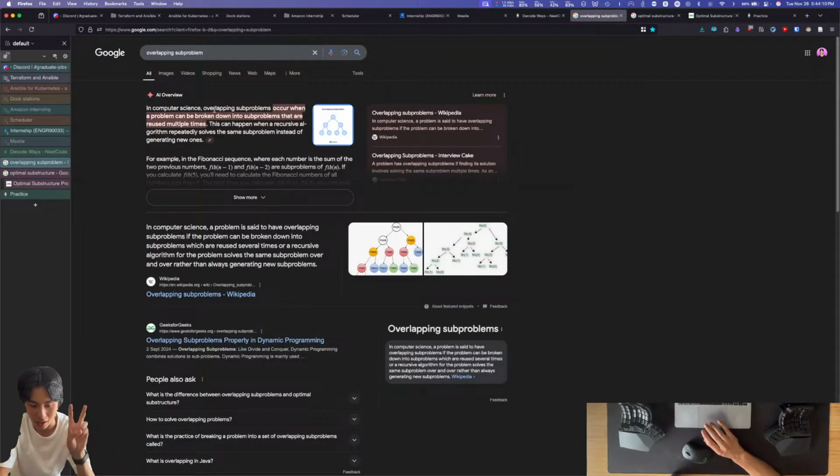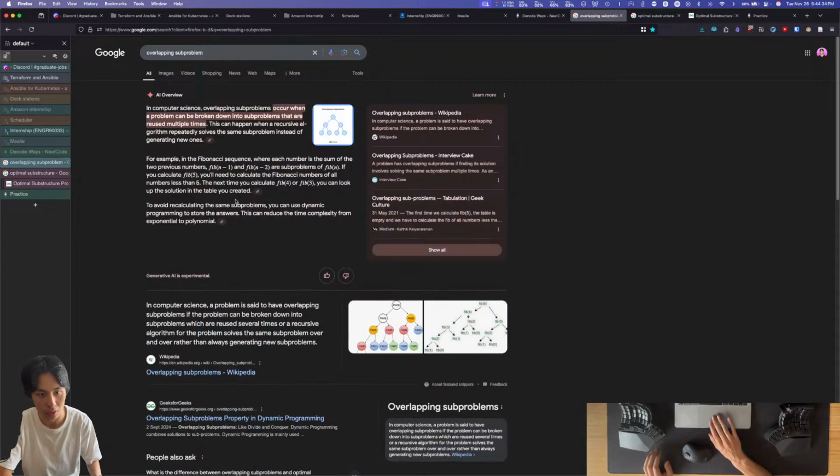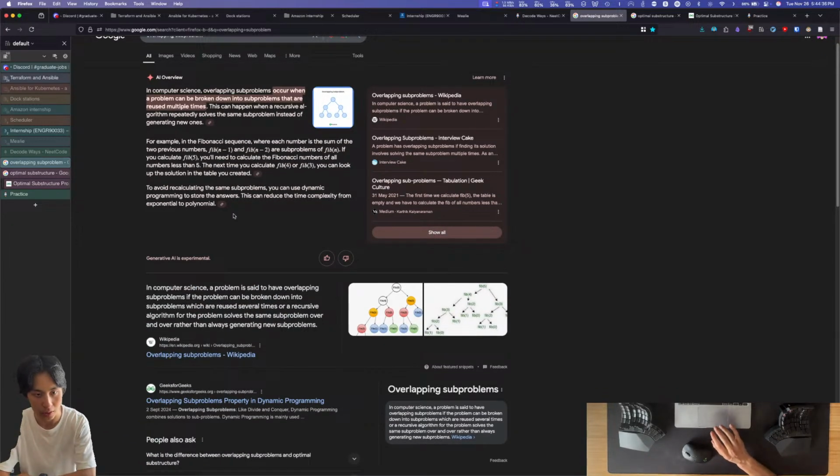Let's just read the AI overviews. In computer science, overlapping subproblems occur when a problem can be broken down into subproblems that are reused multiple times. Overlapping, that's why it's called overlapping, isn't it? Because it can be reused. For example, in the Fibonacci sequence, where each number is the sum of two previous numbers, these are subproblems of Fibonacci n.